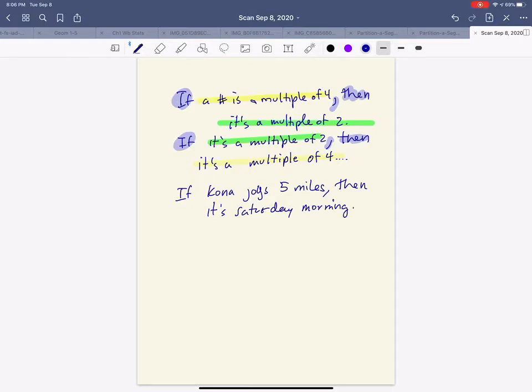Give yourself a chance to flip this around. If it's Saturday morning, then Kona jogs 3 miles. 5 miles. Just kidding. Okay, so that's looking good. Hopefully you got all the right stuff in all the right places.